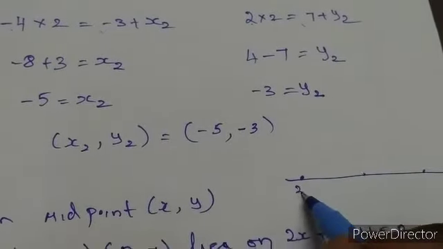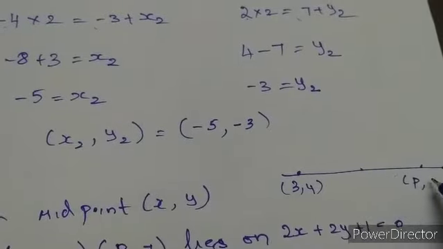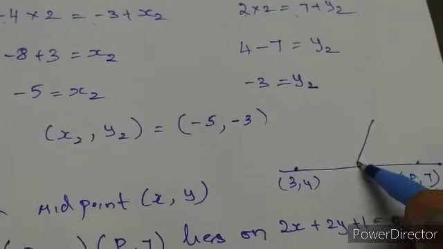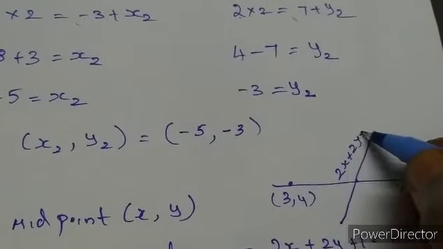Here it is (3, 4) and the other point is given as (p, 7), and the midpoint lies on 2x plus 2y plus 1.